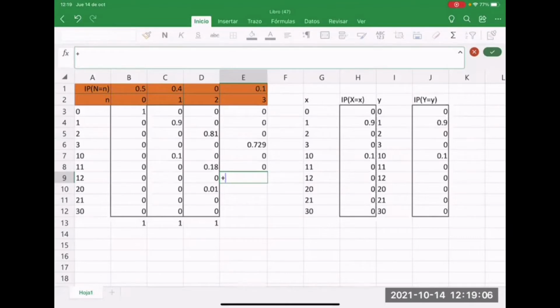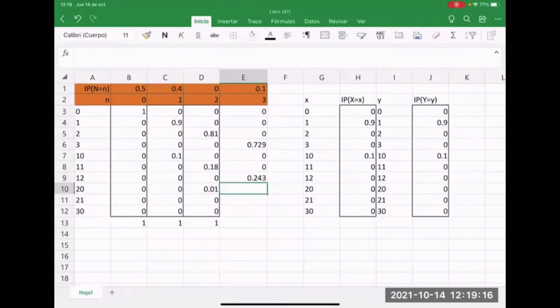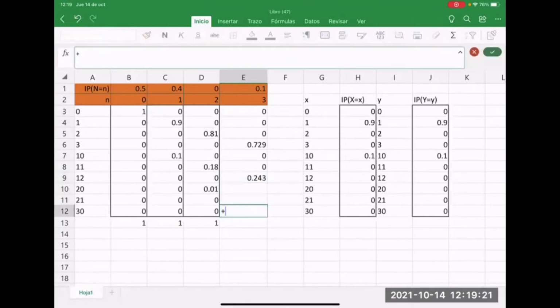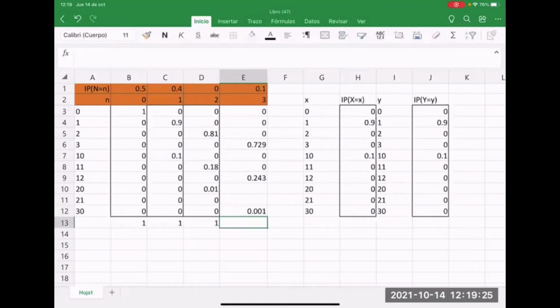Yes. So in here we mean 3 times this times this raised to the power of 2, right? And 30 is just this to the third power. And here we just need to do this.